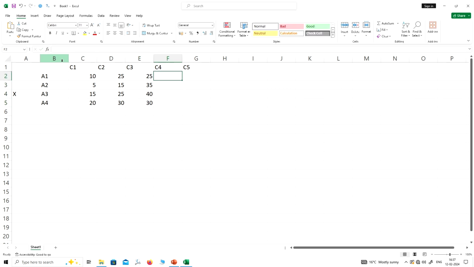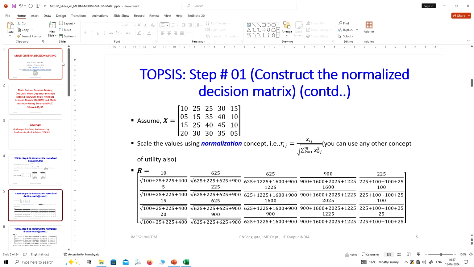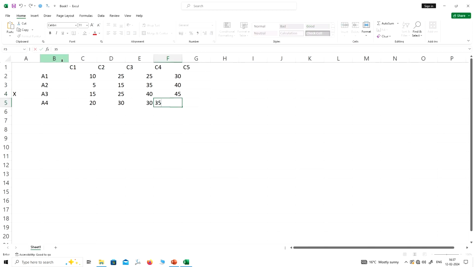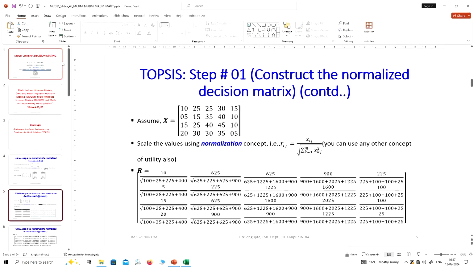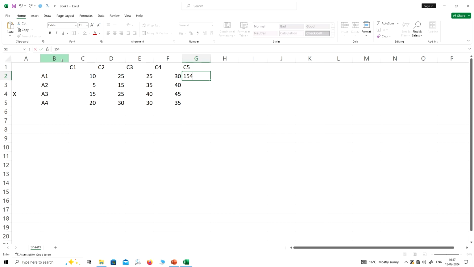Then I go to the fourth column. It is 30, 40, 45, 35, and the last one is 15, 10, 10 and 5. You see it.